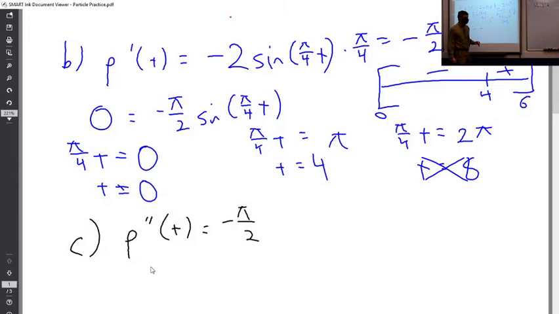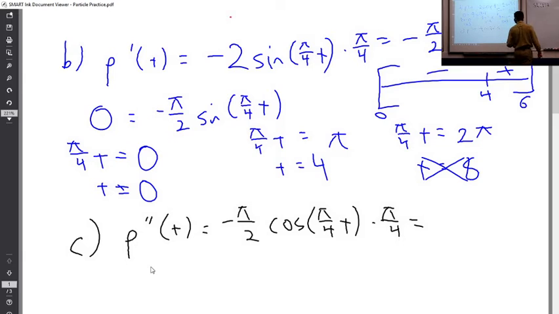The derivative of sine is cosine. Chain rule, it's coming again. Times the derivative of the inside part.